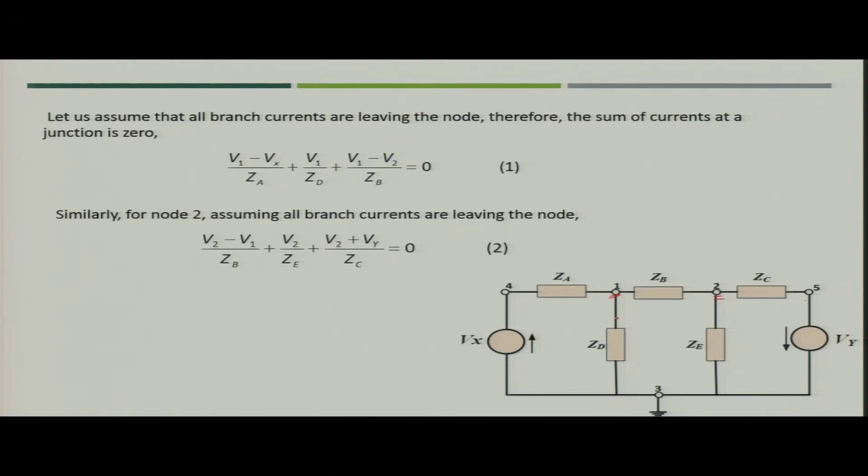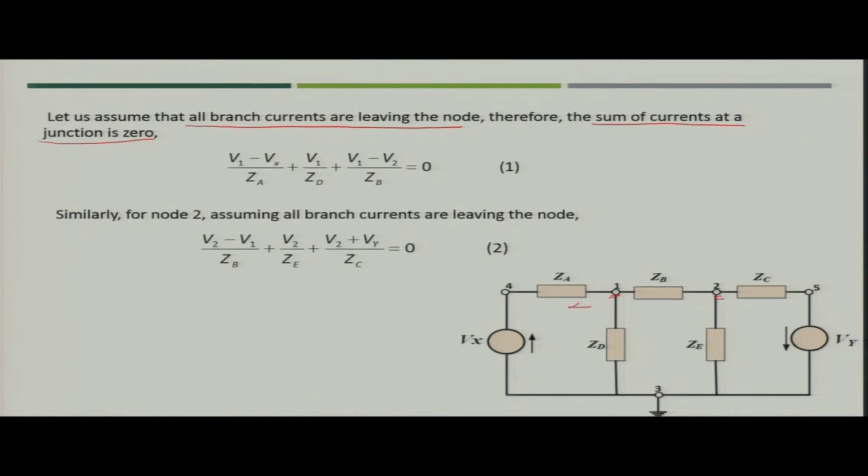Now, let us take the first node, that is node 1. You can assume that all branch currents are leaving the node. As per Kirchhoff's current law, the sum of the currents at that junction would be 0.